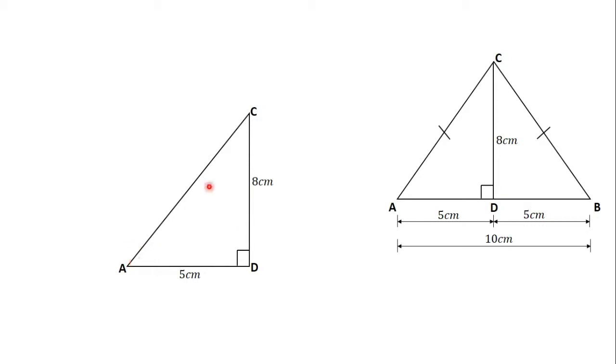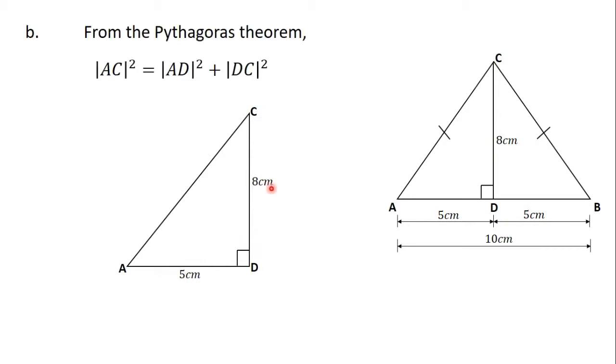So we are going to use the Pythagoras Theorem to find AC, since this is a right-angled triangle. If we apply the Pythagoras Theorem here, we can say that the square of the length of the hypotenuse, which here is AC, is equal to AD squared plus DC squared.